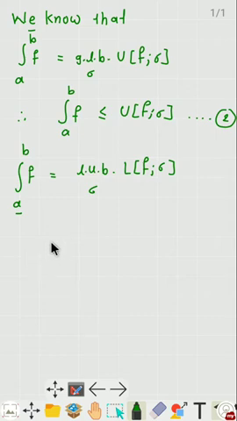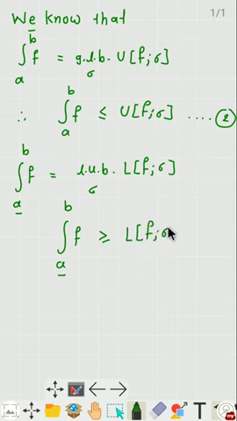Therefore, as it is a least upper bound, the value of this lower integral is always greater than or equal to the lower sum of function f with respect to subdivision sigma.